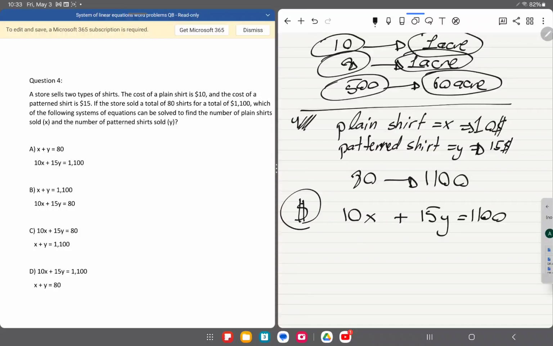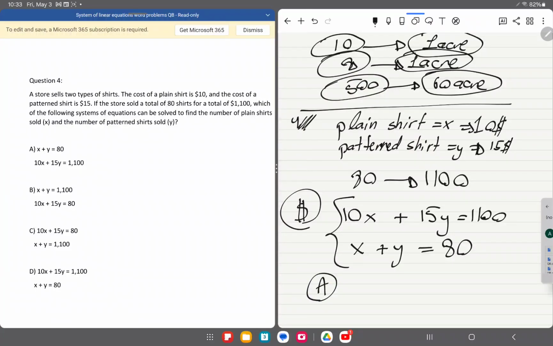The number of shirts and the number of other shirts are going to be 80. So this is my system: 10x plus 15y, x plus y. A and D look exactly the same, they're the same functions. So I'm going to choose A.